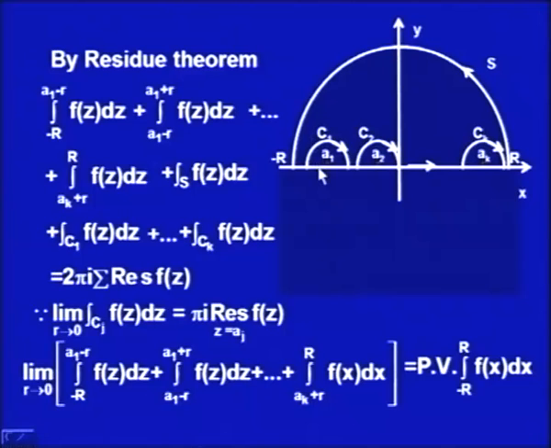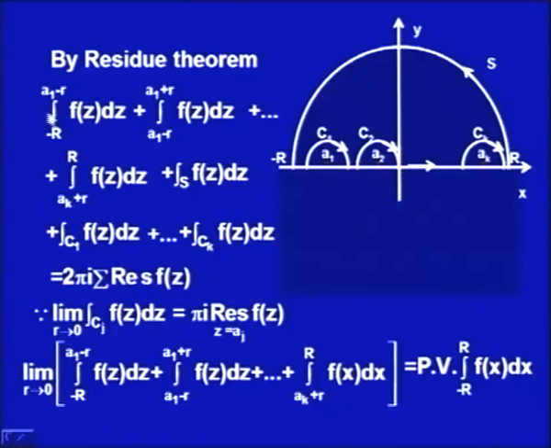Now, if there is more than one point where this happens, we break our interval into that many portions, and then this principal value is defined as the limit as r approaches 0. So r here is your epsilon. So we get that this is the principal value.